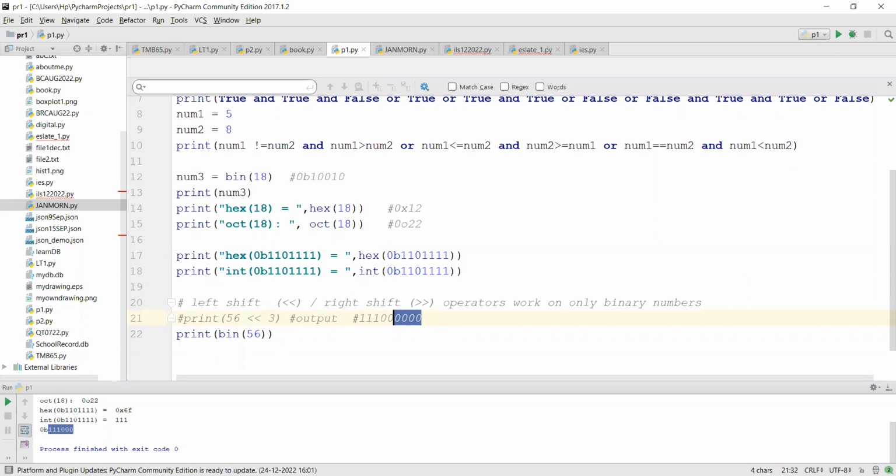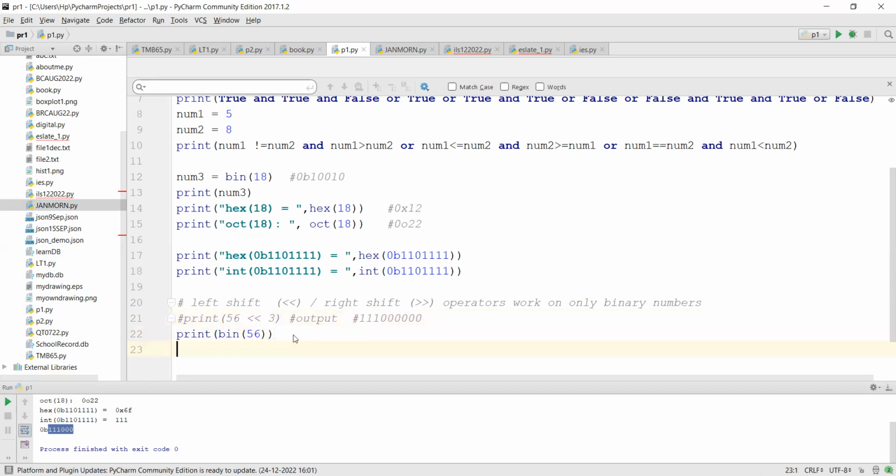Yes or no? This is 56, yes? 111000 is 56. And I'm saying left shift 3, so I'm saying shift towards the left 3 times. 3 chairs will be vacant, so 3 zeros you add. Now this is the output, right? How do I convert this into the decimal number system?